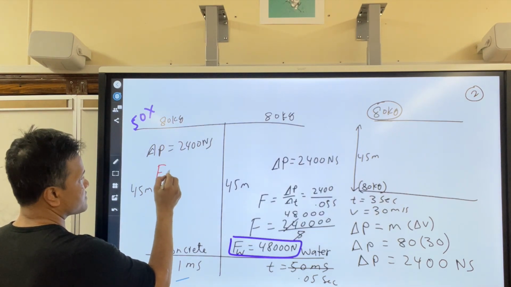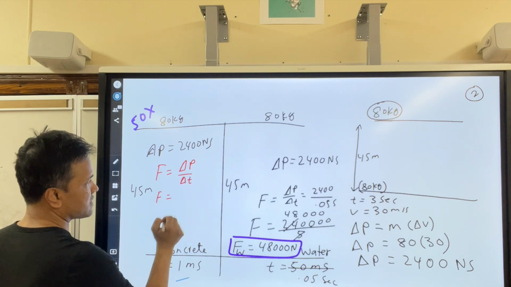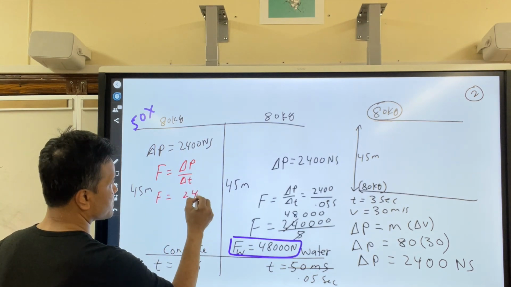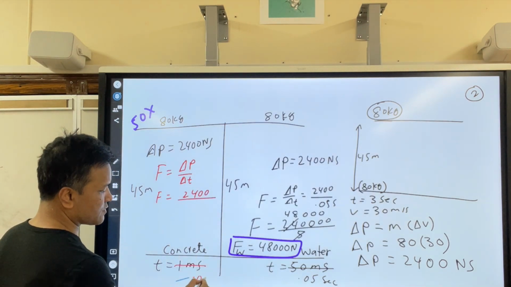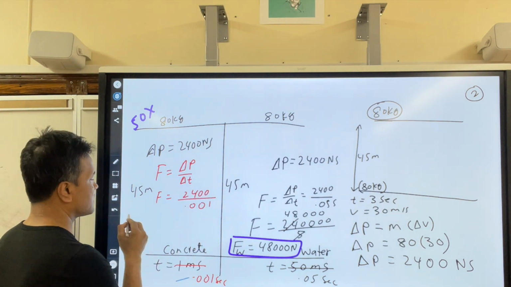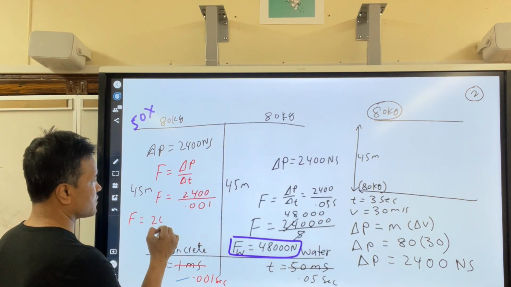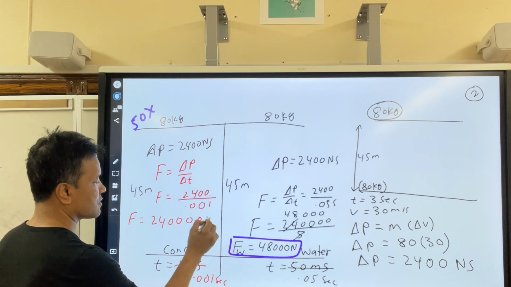So F is delta P over delta T. Delta P is 2400 and delta T is 0.001 second. So F is equal to 2,400,000 Newton.